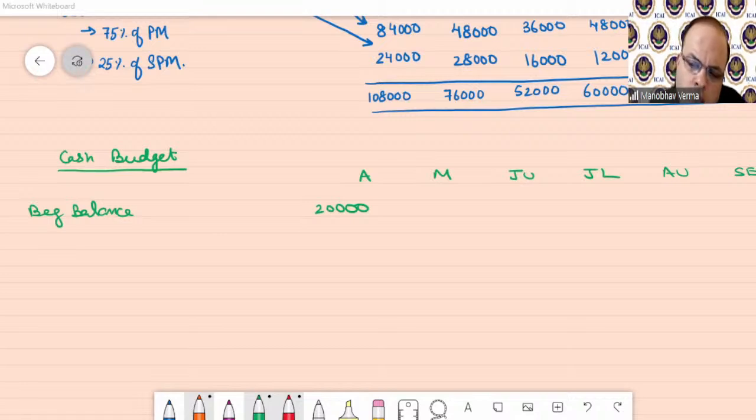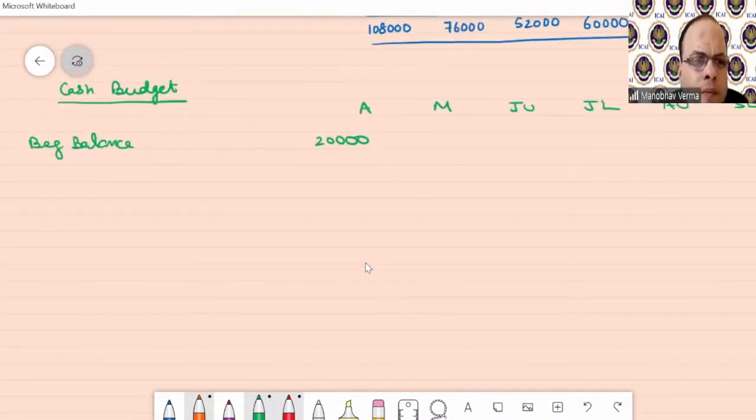Charu says, yeah, this is basically from the study module. Okay, great. So I think everyone has confirmed that this is absolutely perfect till now. So our beginning balance is 20,000, and the ending balance will also be 20,000, right? So let's talk about receipts now.